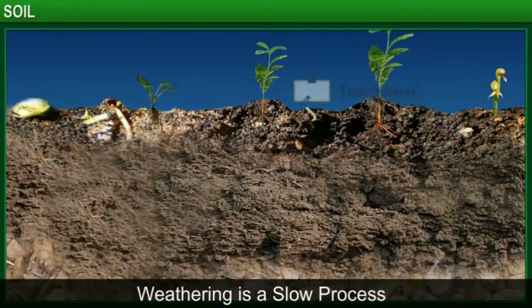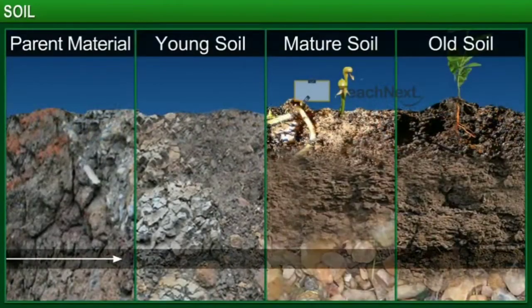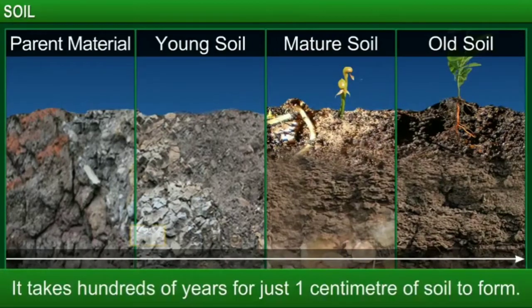This process is very slow and is called weathering. So slow that it takes hundreds of years for just 1 centimeter of soil to form.